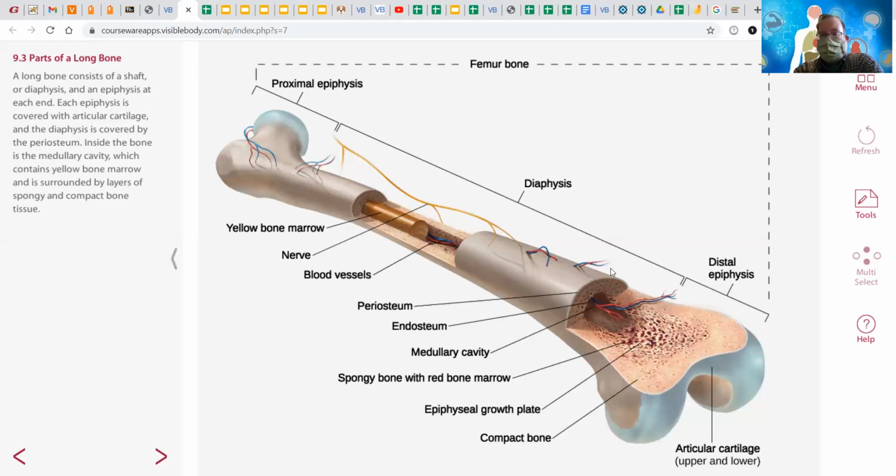Notice just one hole. That's a thoracic. The other thing is the body, the anterior section, gets larger in diameter as we go inferiorly. So cervical bodies are small relative to thoracic bodies, which are medium, and then lumbar bodies are the largest.